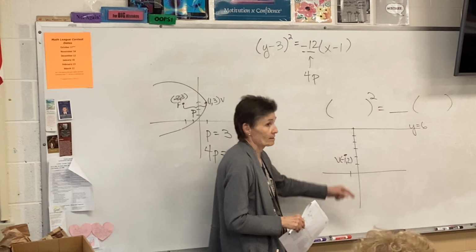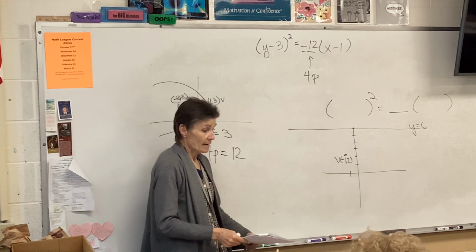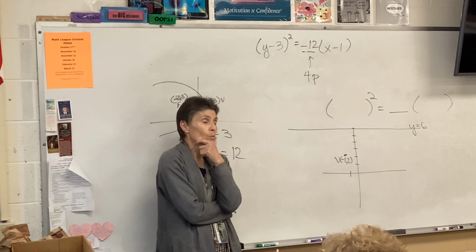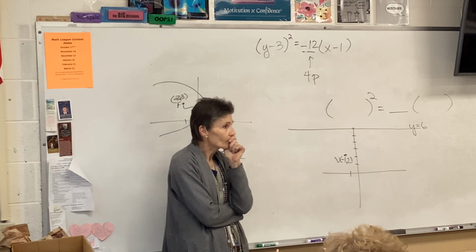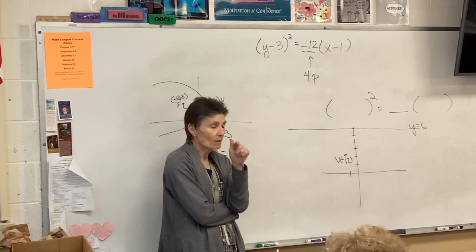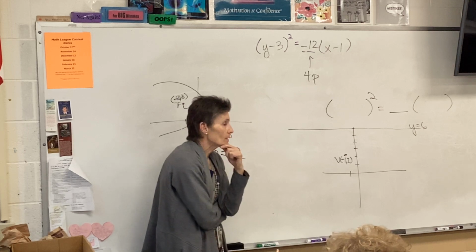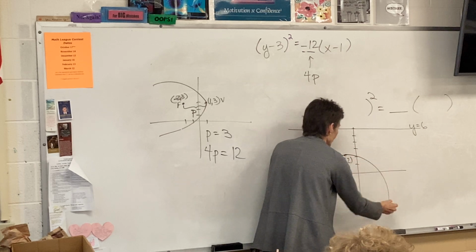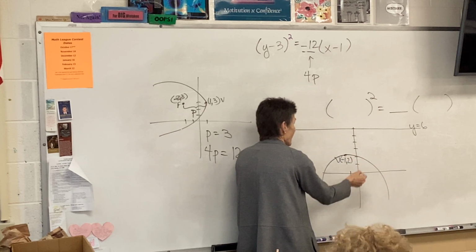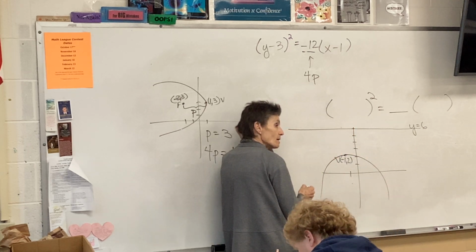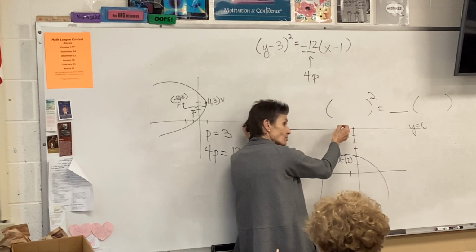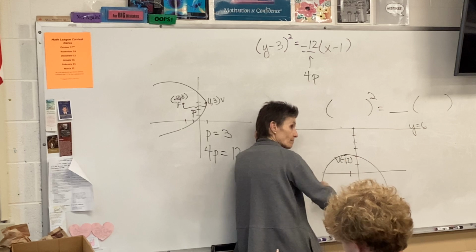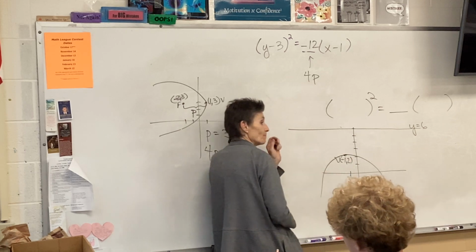Now, you need to be able to tell from that situation which way it opens. Down. Remember, it wraps around its focus and away from the directrix. So if I went up to get to the directrix, then I have to go down to get to the focus. It's going to open down.